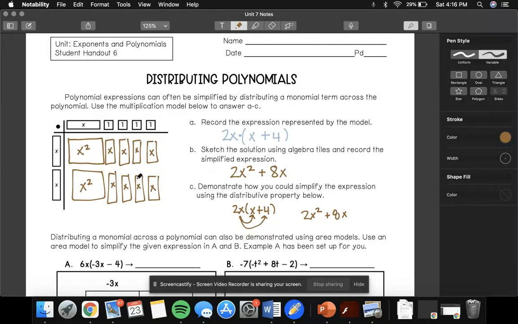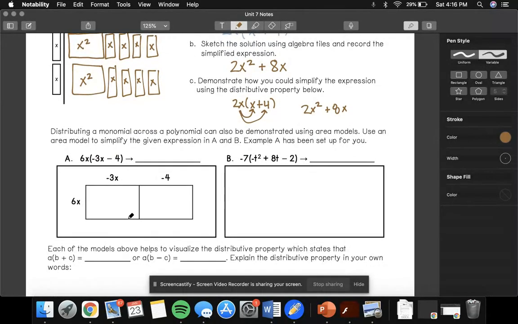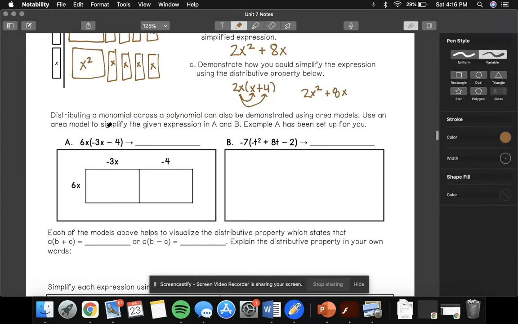So again, this is a nice visual, but hopefully we will get more comfortable with just distributing. Distributing a monomial across a polynomial can also be done using area models. Use an area model to simplify the given expression in A and B. So area models, hopefully you did when you learned basic multiplication.